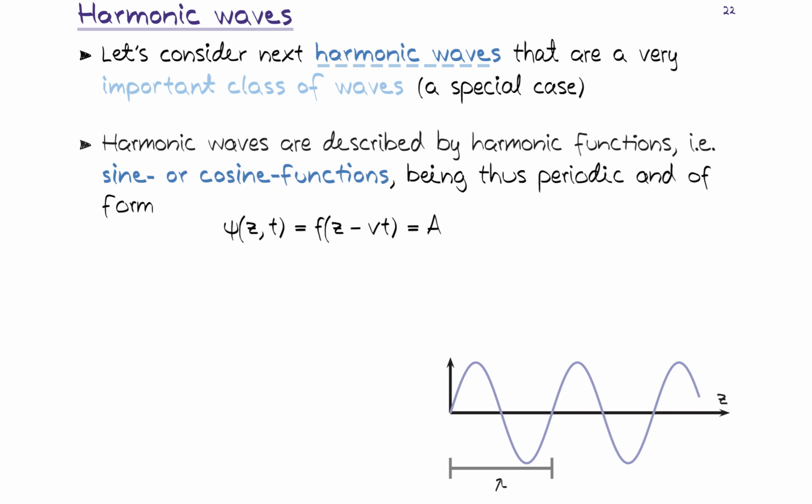As we already outlined in the first lecture, this is of the form A, where A is the amplitude of the field. Then we have a sinusoidal oscillation of the wave, and the argument, the phase of the wave, is of the form k, the propagation constant, times z minus vt.